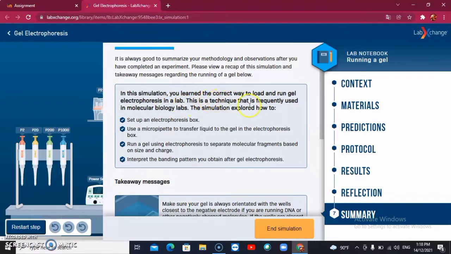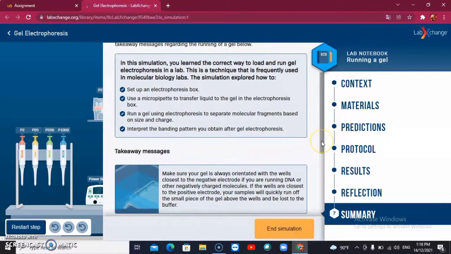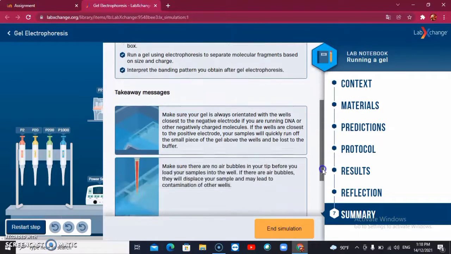This is a technique that is frequently used in molecular biology labs. The simulation explores how to set up an electrophoresis box, use a micropipette to transfer liquid to the gel in the electrophoresis box, run a gel using electrophoresis to separate molecular fragments based on size and charge, and interpret the banding pattern you obtain after gel electrophoresis.